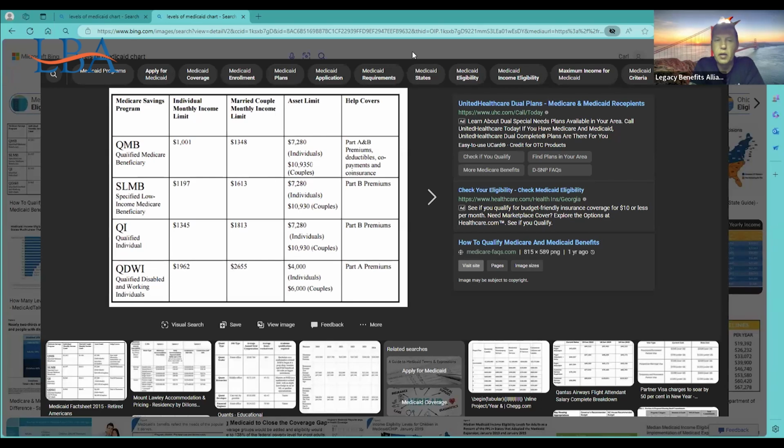So if Medicaid is one of them, this is how it will break down. So again, starting from the bottom, the second from the bottom, QI1 or qualified individual.